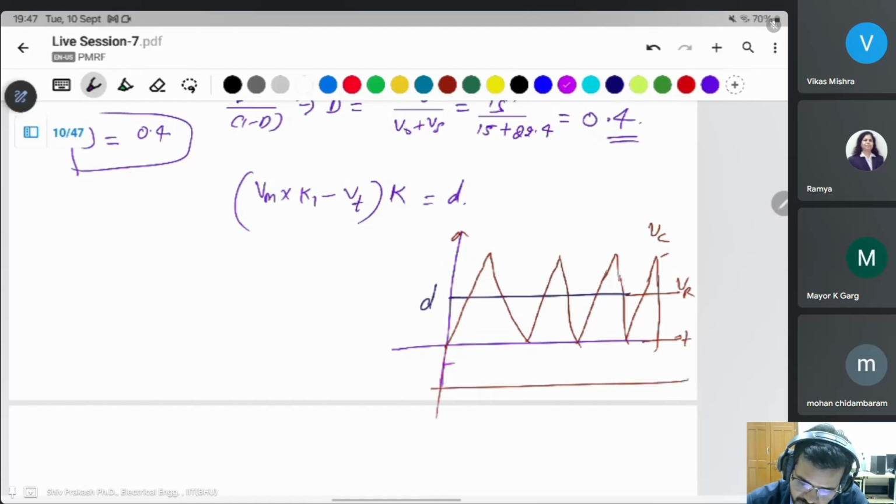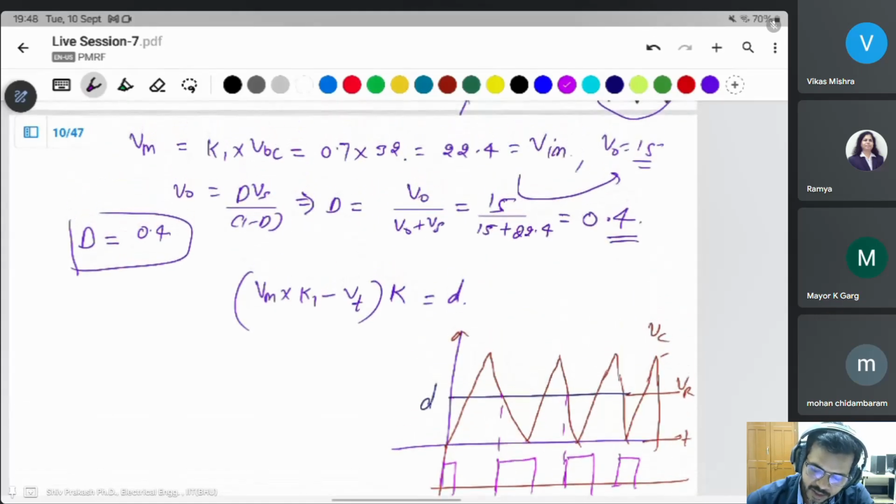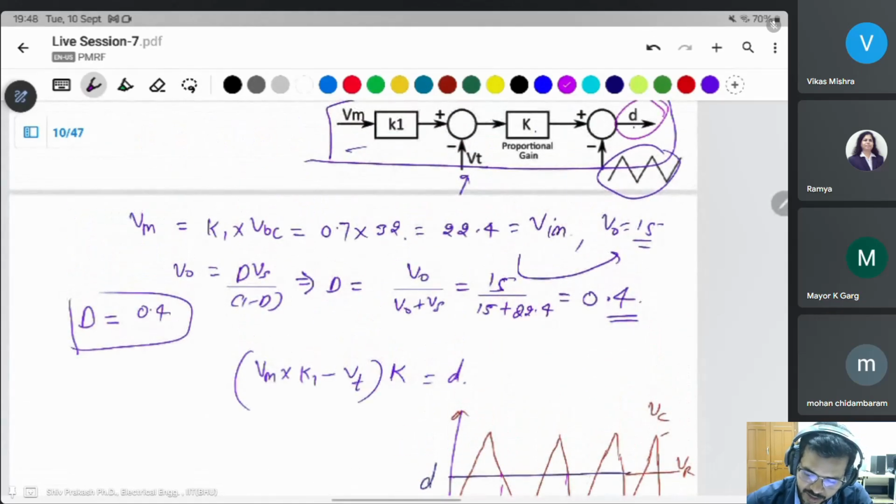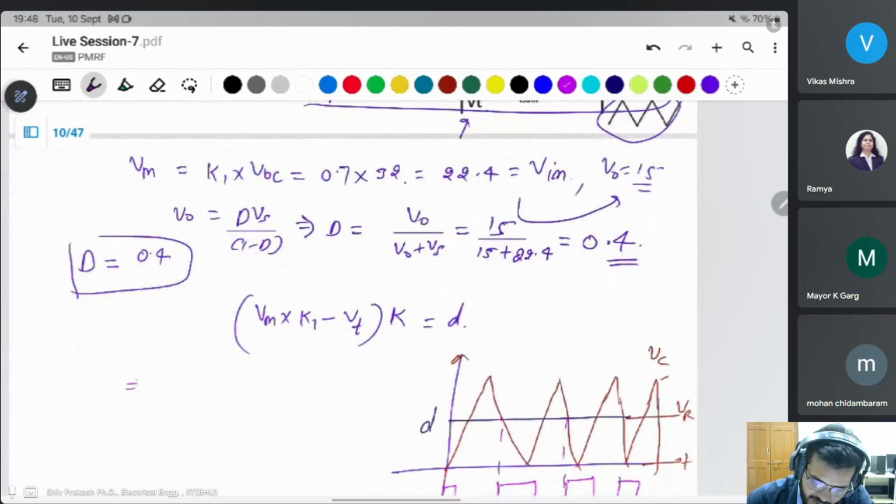This will be on when this is at maximum, and off otherwise, like that to make an on off signal, a discrete signal, going from continuous to discrete to give to your converter. That's why the reference signal is required, but it is the same as the duty cycle D. Then Vm we calculated. Vm is 22.4.